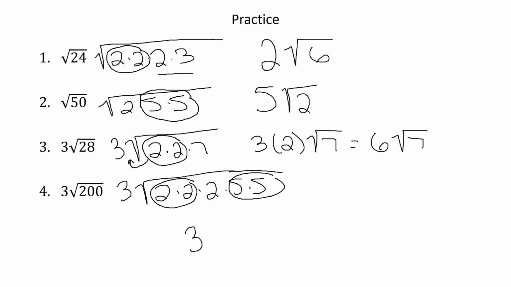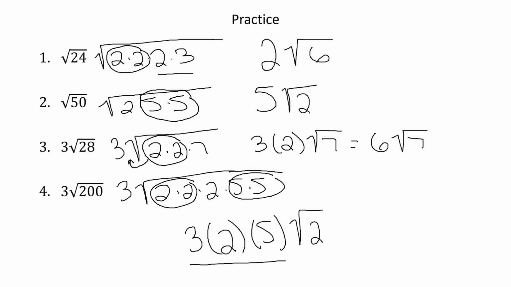I'm going to have my original 3, pull out my 2, pull out my 5, my leftover 2 stays put, and remember, I multiply. 3 times 2 times 5 is 30. So what I end up with is, I lost my train of thought, I'm so sorry, 30 square root of 2. And that's as simple as that gets.